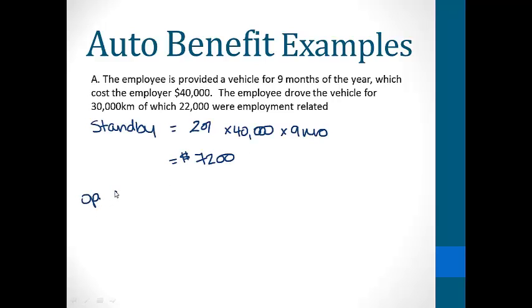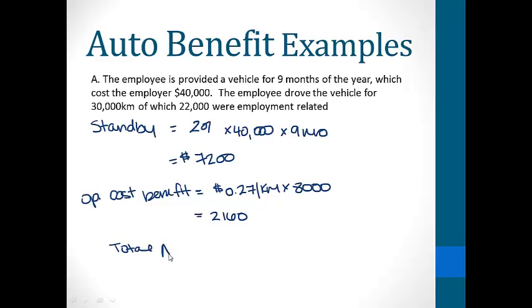My operating cost benefit is going to be 27 cents a kilometer times 8,000 kilometers. And I get 2,160. The total auto benefit is going to be those two amounts added together, which is $9,360.